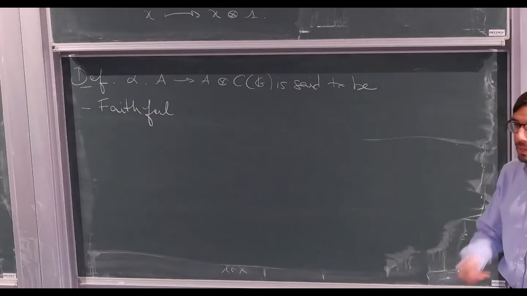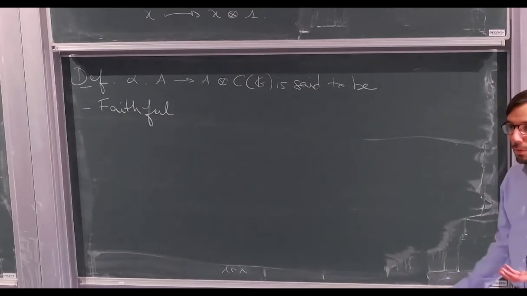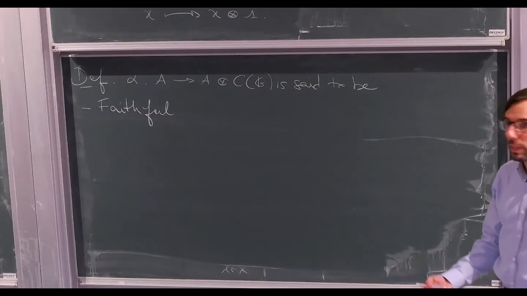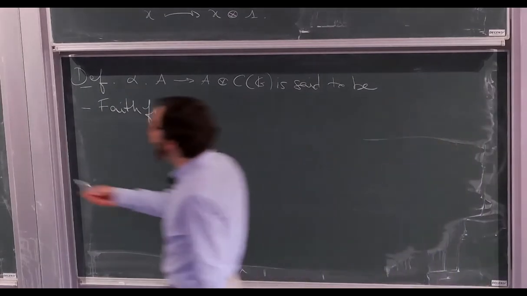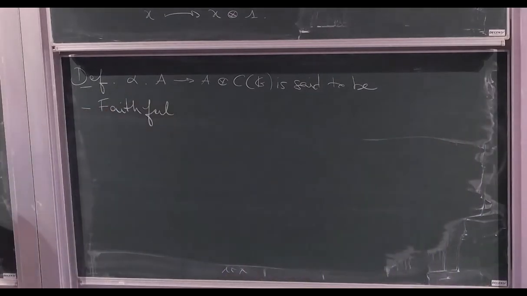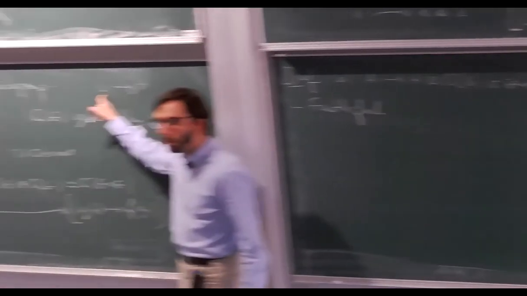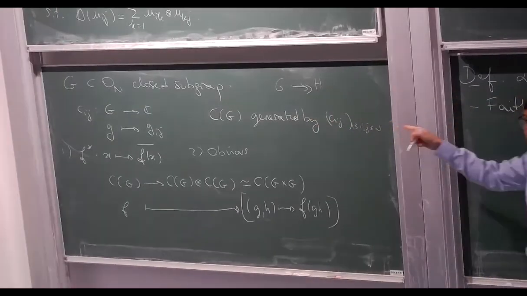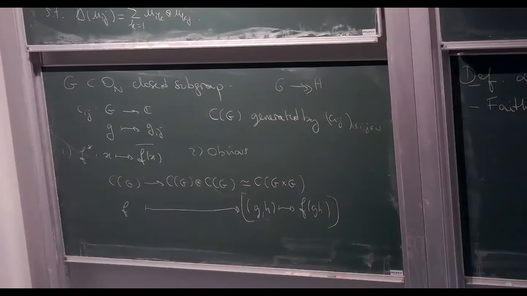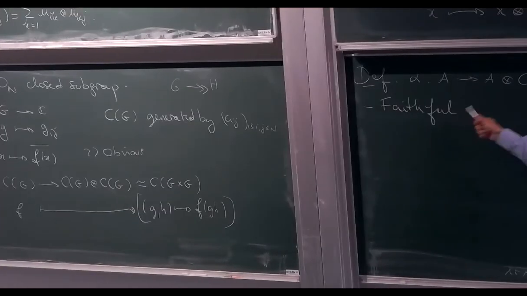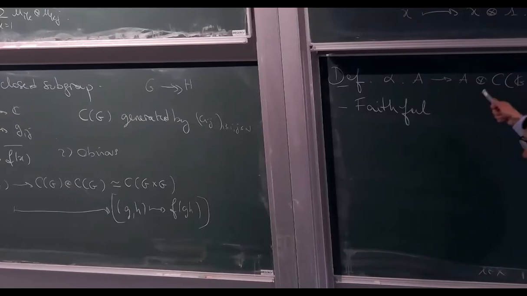So in particular, it means that you cannot factor it through any quotient, right? If you have a quotient of G, then the continuous functions of H become a subalgebra of the continuous functions on G, just by composition. So faithful would mean that the action does not factor through a subalgebra here.